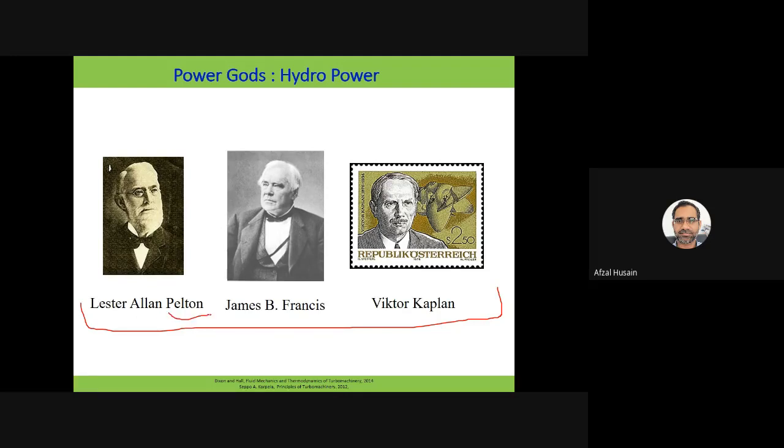So he developed the Pelton turbine, he developed the Francis turbine, and he developed the Kaplan turbine. So these are the names of the hydraulic turbines, basically Pelton turbine, Francis turbine, Kaplan turbine. We call them very influential scientists, and they gave the concept of these turbines and proved it.